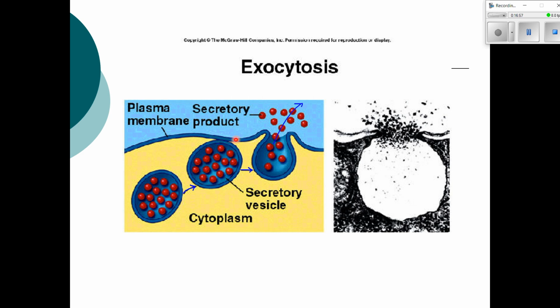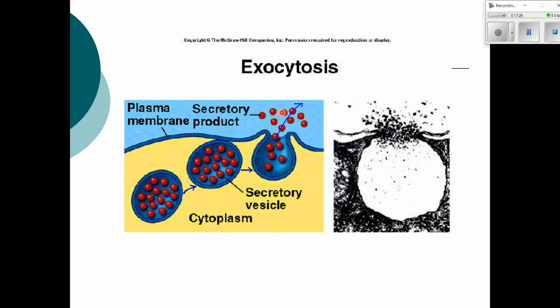So now the vesicle membrane is now part of the cell membrane. And all the stuff that was inside that vesicle, all that protein, now can be dumped out into the extracellular fluid, which is out here. And probably there's going to be a blood vessel, a capillary, that's going to pick up that protein and carry it off to some other part of the body.